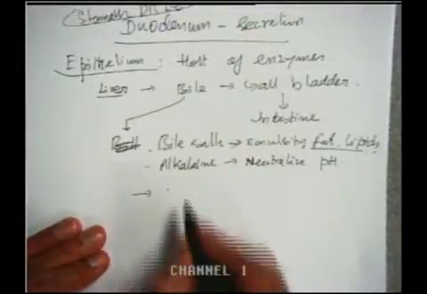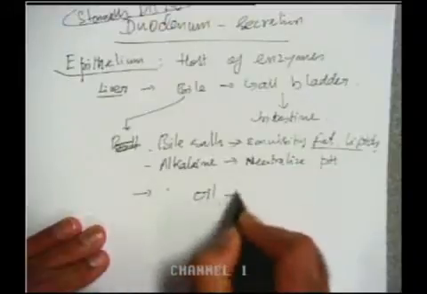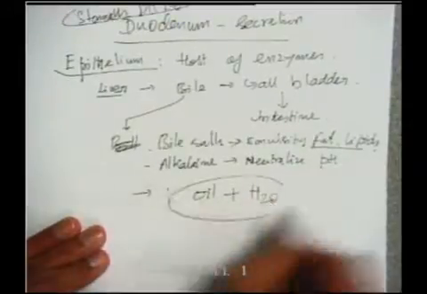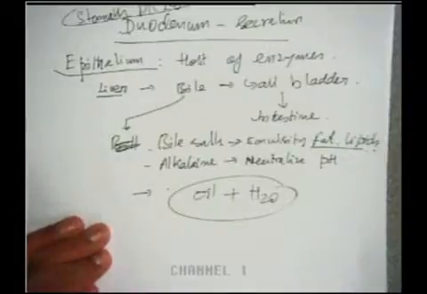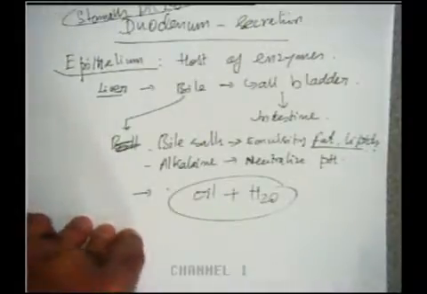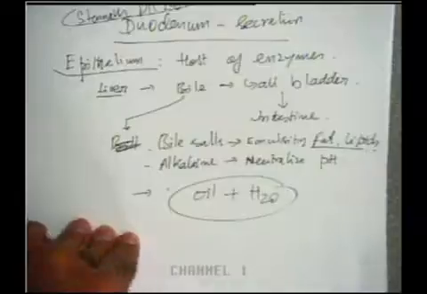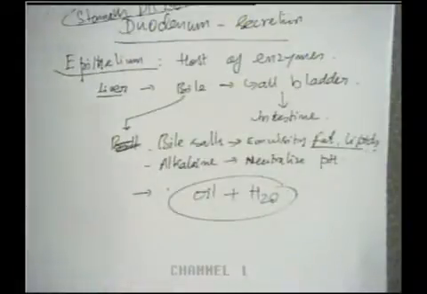Why? Because do you know, can oil and water mix together? If you have an oil spill on your shirt or fabric and you dip it in water, will it go? So what do you need to do?